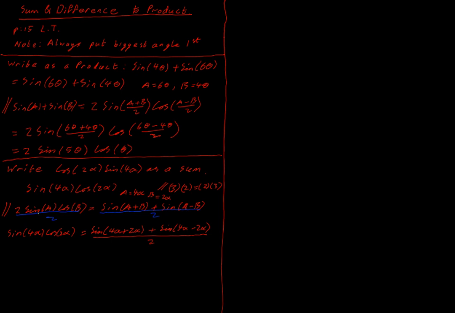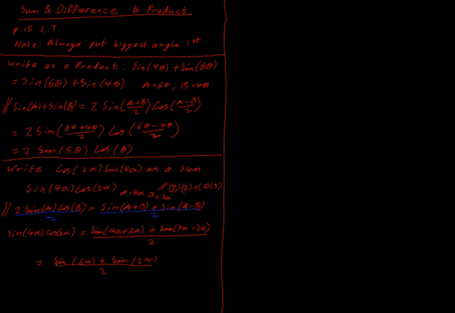We don't here, so we've had to rearrange it so that we have our sum divided by 2. And then we simplify that down and we get sine of 6 alpha plus sine of 2 alpha, all divided by 2.